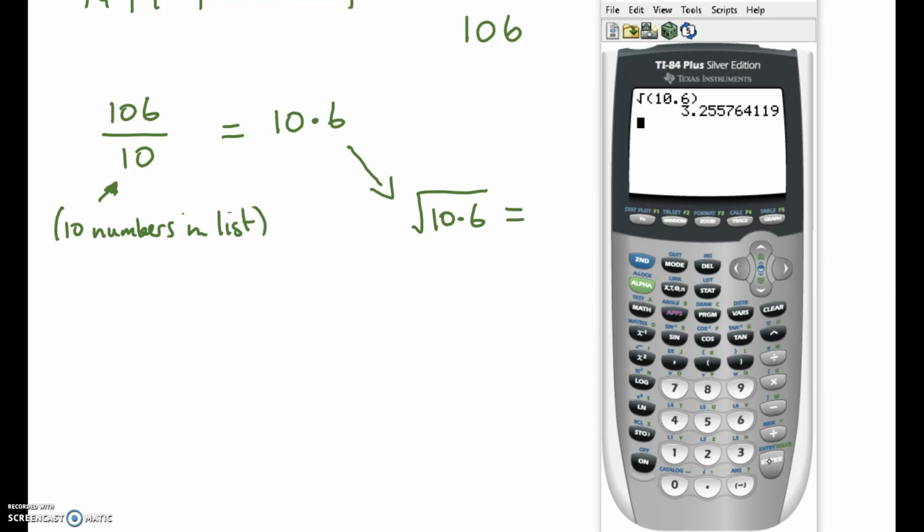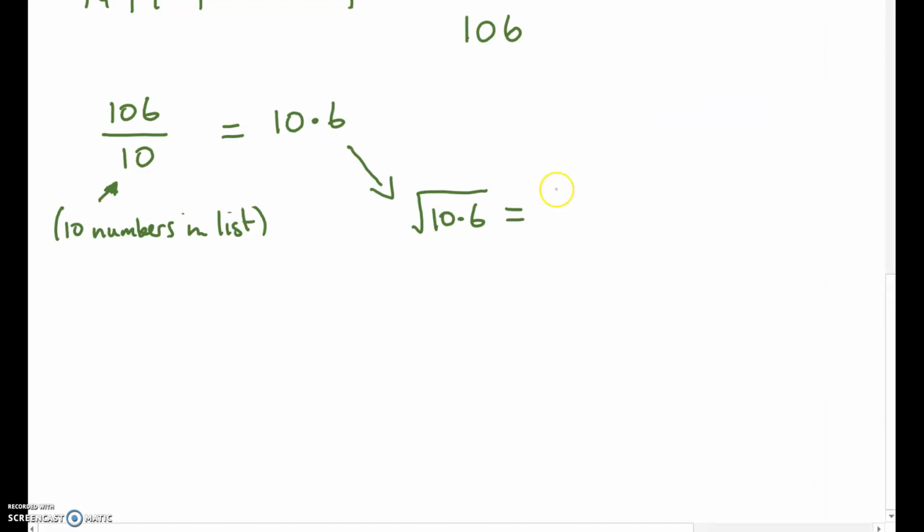We'll go with 3.2558, and that's your standard deviation, which we call sigma. Okay, so that's sigma, that's the standard deviation.